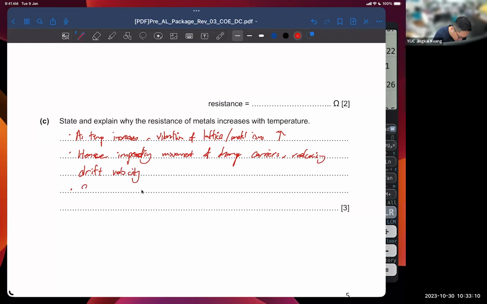Resistance equals PD over I, right? Current decrease means resistance is increasing. Reducing drift velocity and hence reducing current.